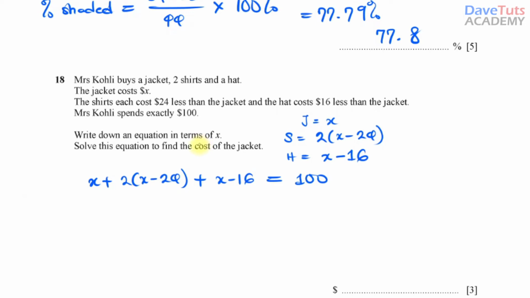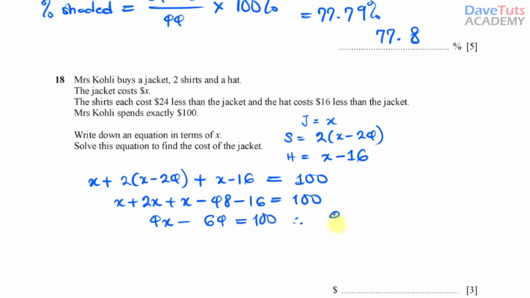So we have written down an equation in terms of X. Or we can simplify this to X plus 2X, then plus this X again, then minus 2 times 24, which is 48, then minus 16, is equal to 100. So X, 2X and X give us 4X, minus 48 and 16, that's minus 64, is equal to 100.